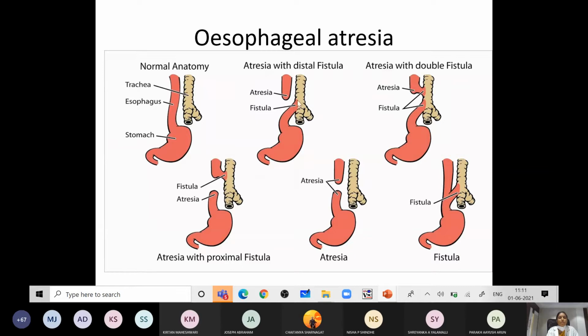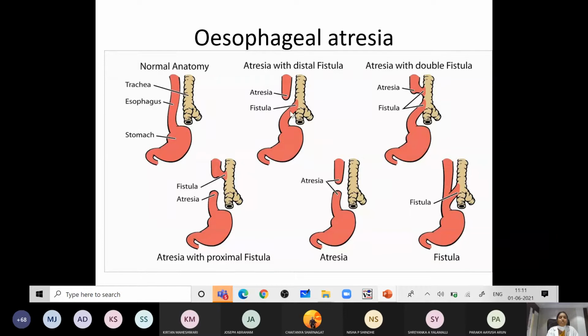Clear? So this is the posterior part, this is the anterior part. The esophageal part will undergo atresia. That means closure, there is no opening for the food to enter. Instead, the distal part will be in communication with the trachea.